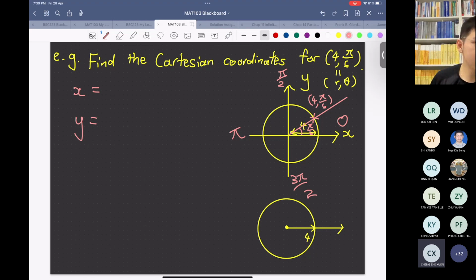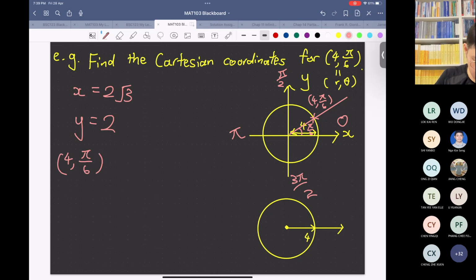I think it's 2 square root of 3 for x. Okay. Y, I think it's 2. Okay, so what did you use? R cosine theta and r sine theta. So you need to send your point r, theta to xy, right?